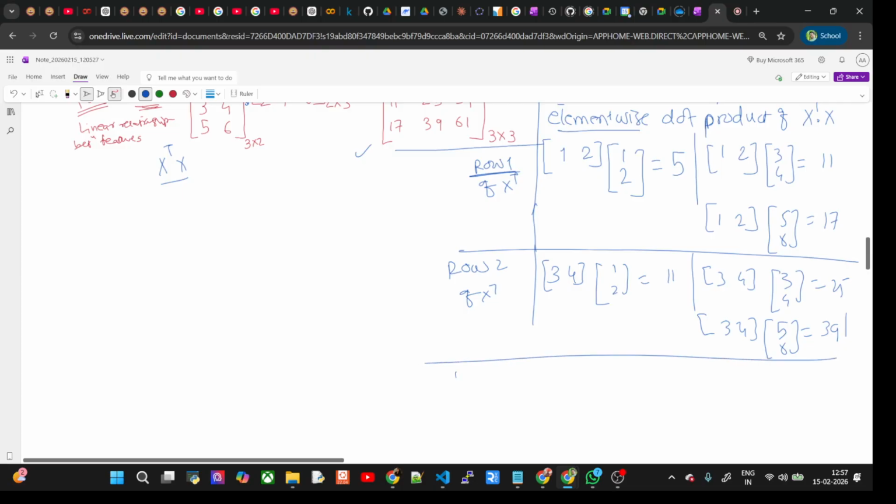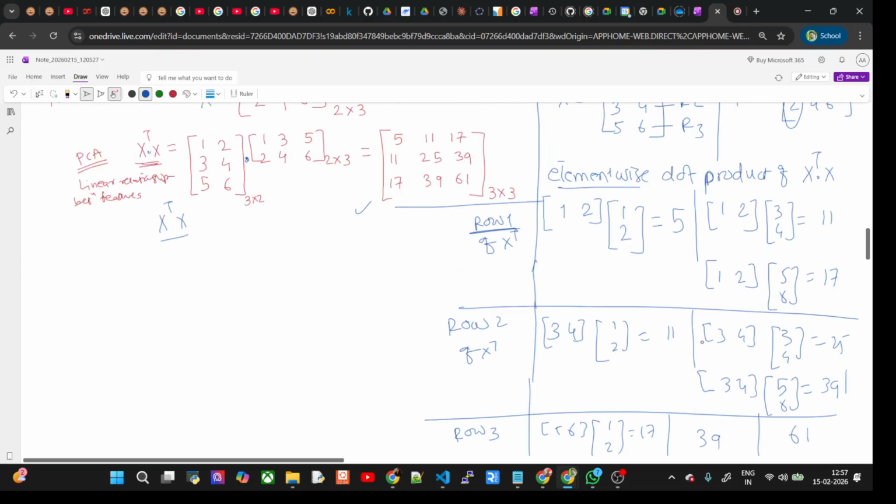I will not do the calculation now, I will directly write the answer. Row 3, 5 6 with 1 2 gives 17, then 39 and 61. So you are directly getting the values by doing the element wise dot product.